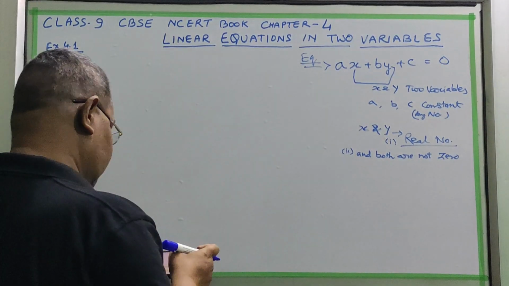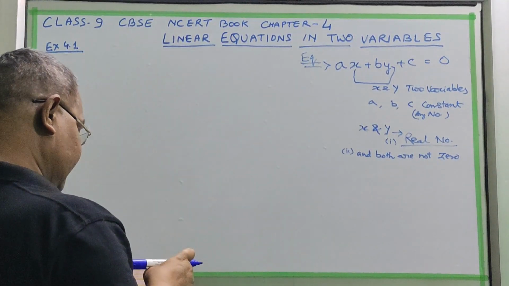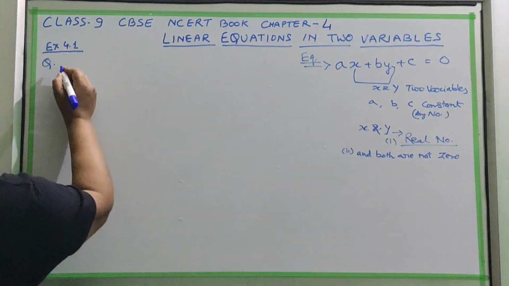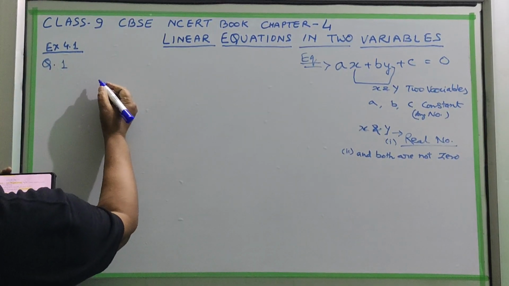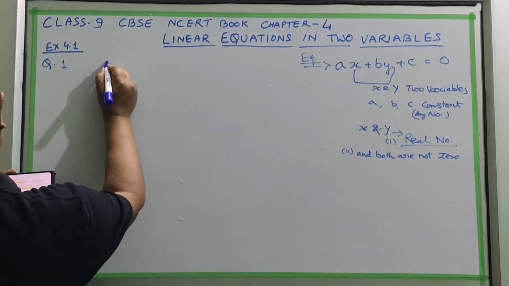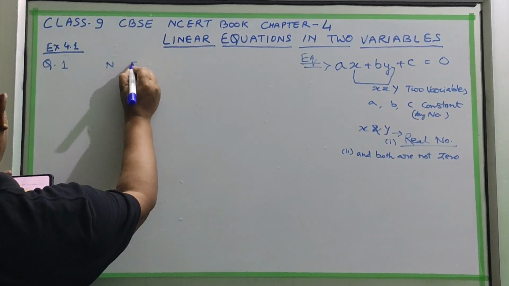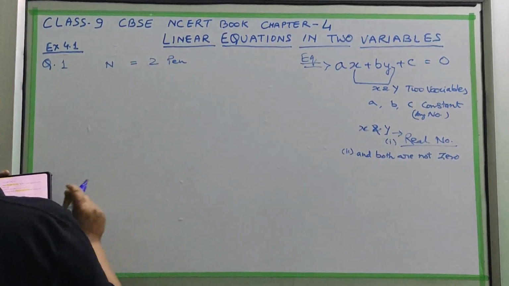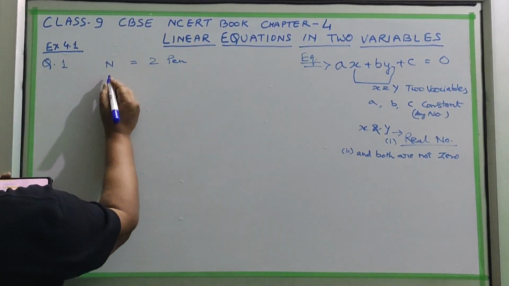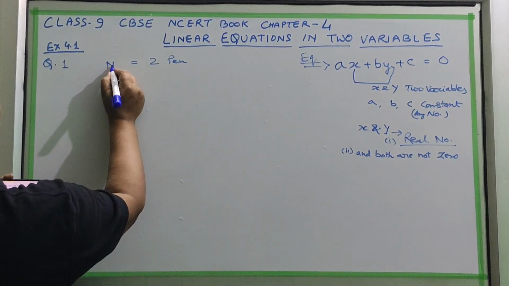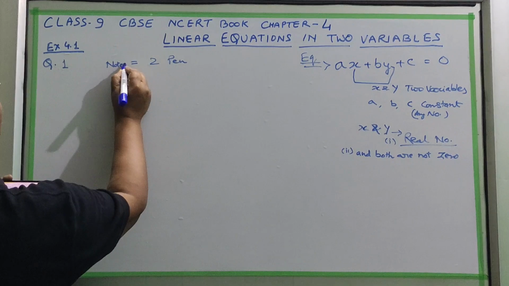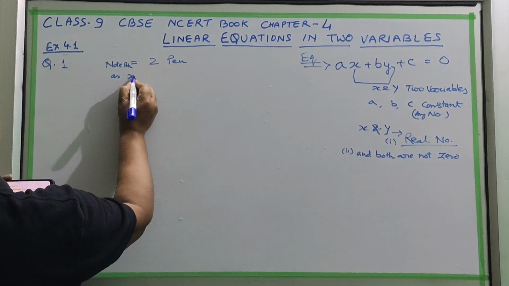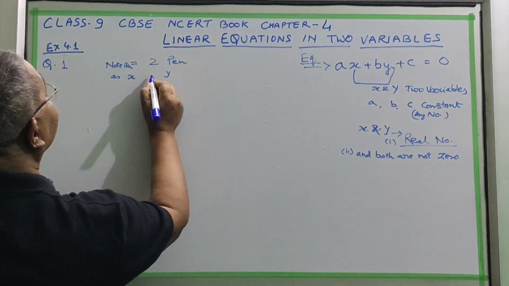Now we are going to solve your exercise. Exercise 4.1, question number 1. Here the notebook cost they are taking as twice the pen. So in the question they are asking you to take the notebook as x and the pen as y.